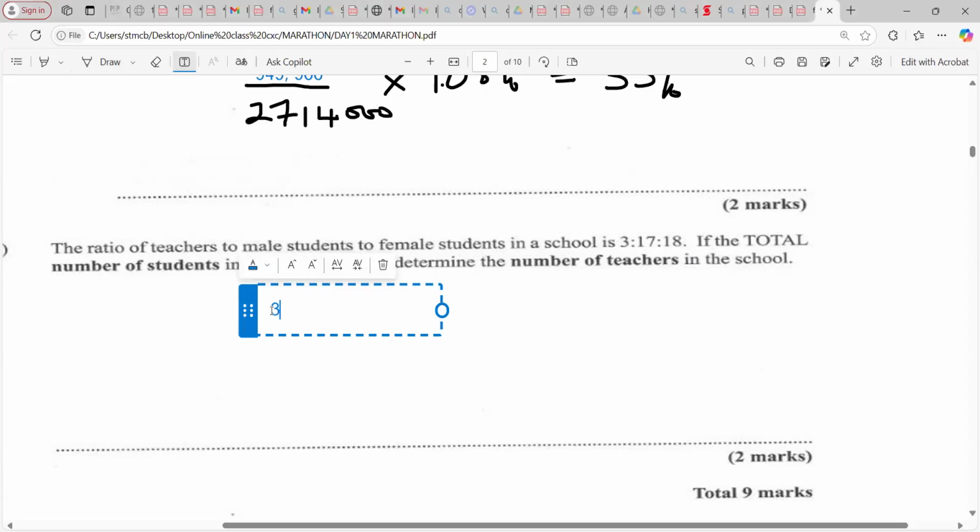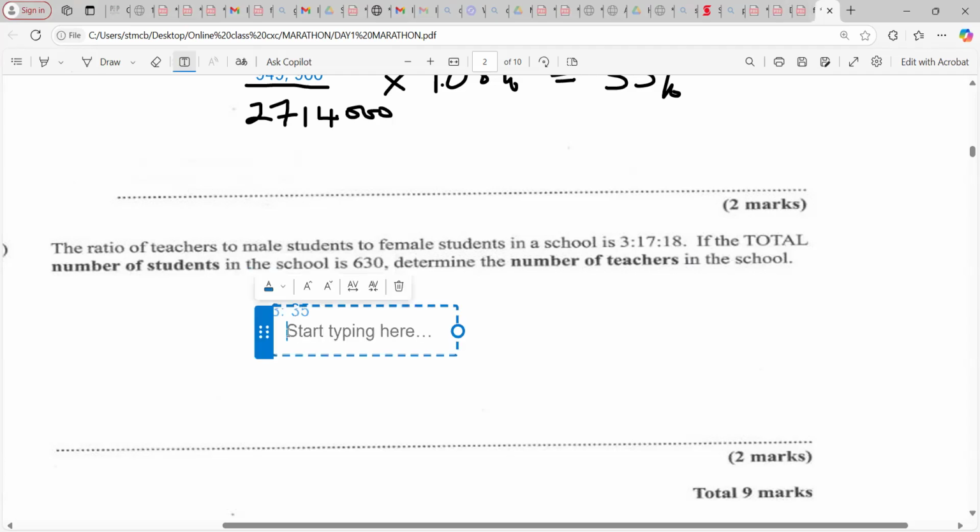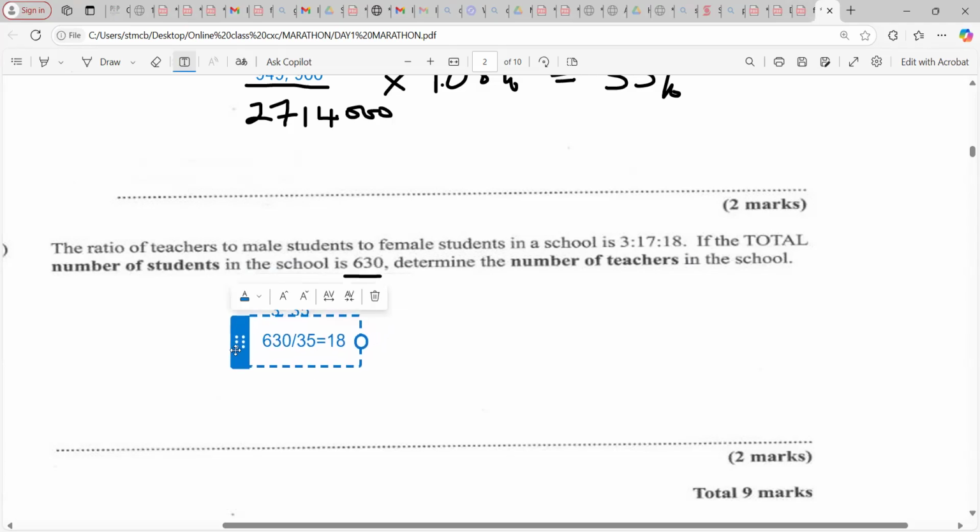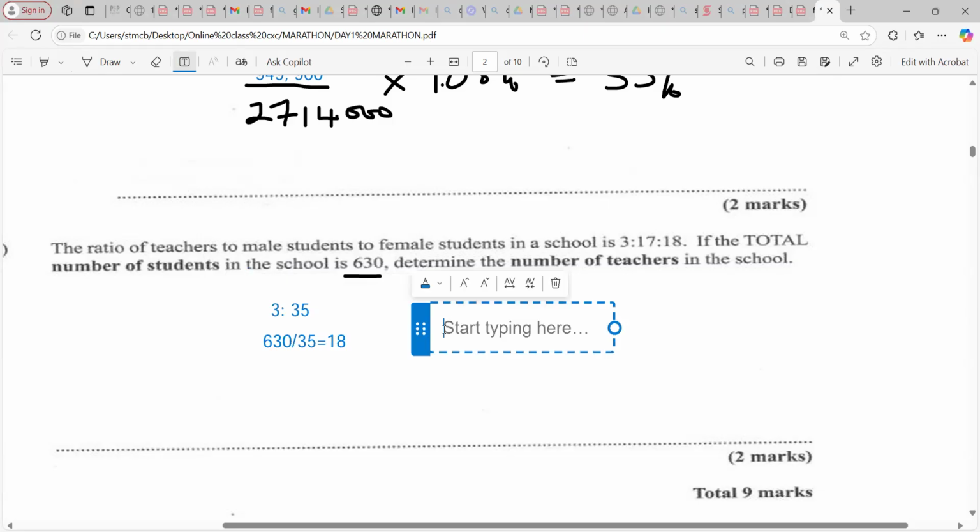So we can just say it becomes 3 to 17 plus 18, which is 35. So this 630, how do we divide the 630 by the 35? As Leisha says, you get 18. So this will represent like 1. And then now, to get the final answer, it'll be 3 times the 18.